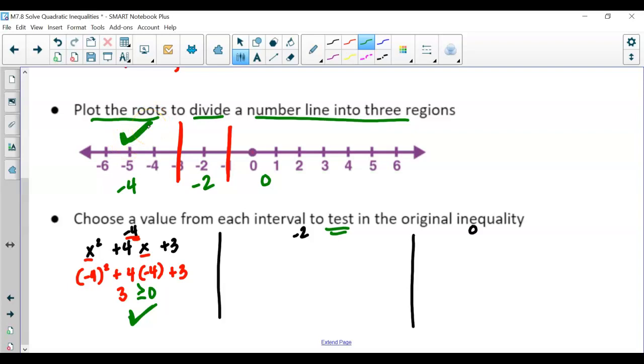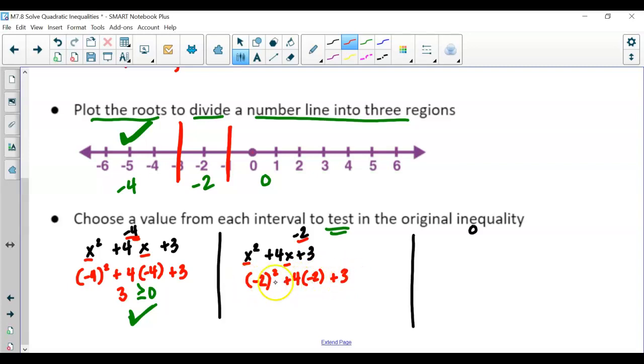So now let's go to -2. Again, we are using x squared plus 4x plus 3. We're going to plug in -2 for x. Negative 2 squared plus 4 times negative 2 plus 3.